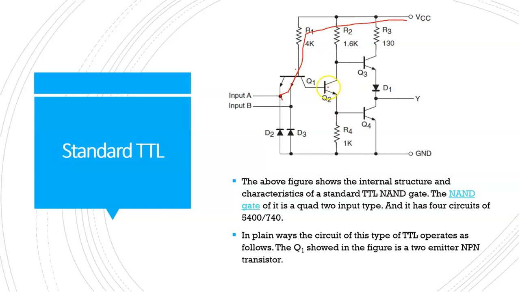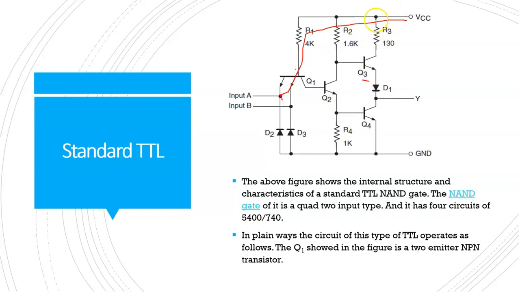When this is off, it is being connected to the emitter, so this transistor Q4 also is off. When Q2 is off, Q4 is off, and this transistor is cut off. At the same time, this transistor Q3 is on.